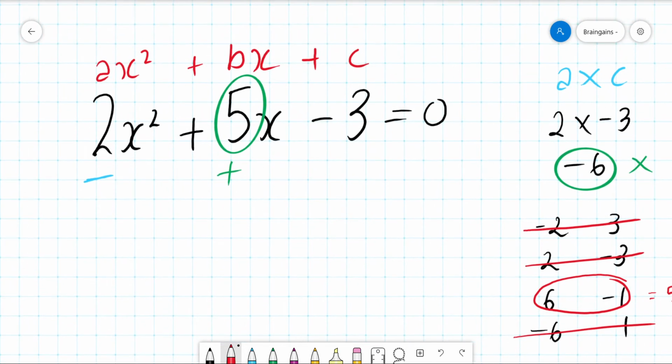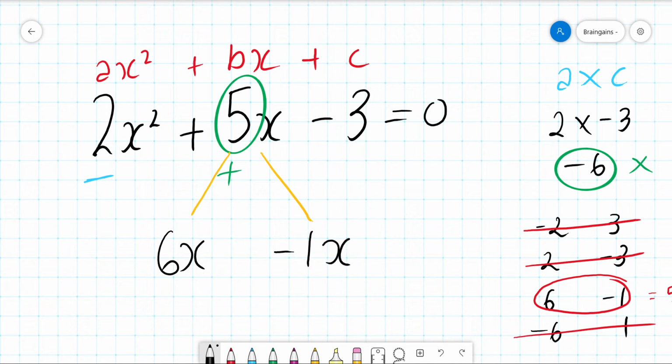All that means is we look at our quadratic and we split the 5x into 6x and -1x. So these are just the two numbers that we got from our combination here. So we keep the 2x squared and the -3 the same.